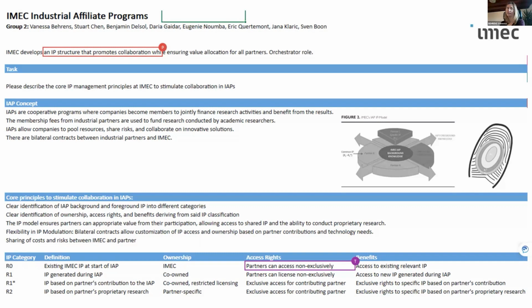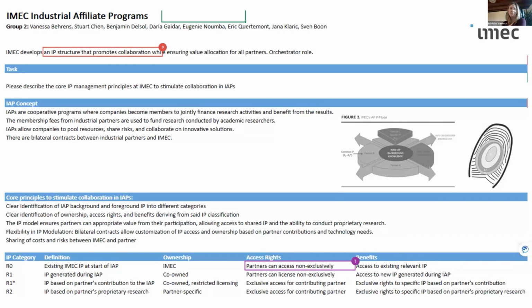Then they also have a lot of experience in already upfront talking about the ownership rights, access rights, and discussing who's going to benefit from the IP classifications. This is very important to do in the beginning, so that everybody's on the same page and there are no unwanted surprises later on.